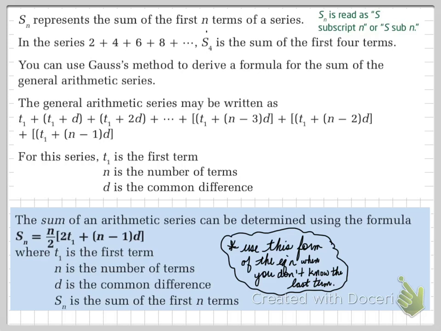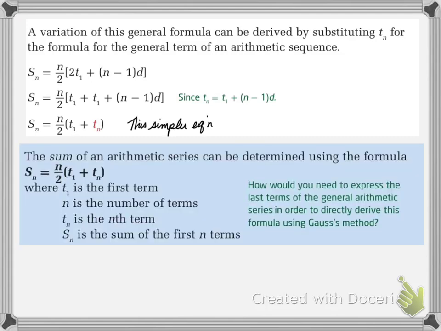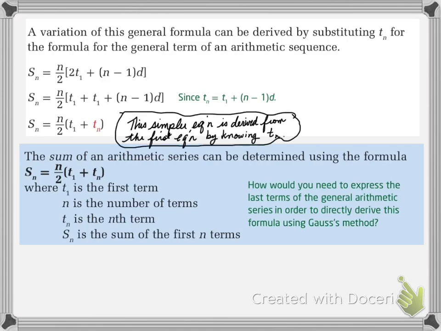You're going to see on the next page that we're going to use a simpler form of this if we can find the last term. A variation of this general formula can be derived by substituting Tn for the formula for the general term of an arithmetic sequence. They've taken the sum from the previous page and split up the 2 times term 1, and what you're going to get is this term 1 plus n minus 1 times d.